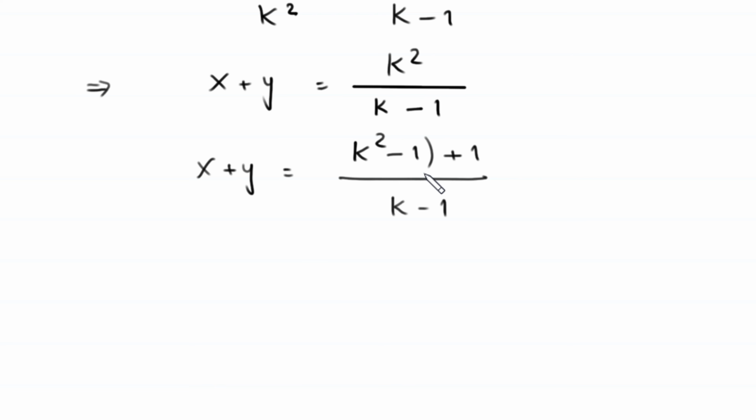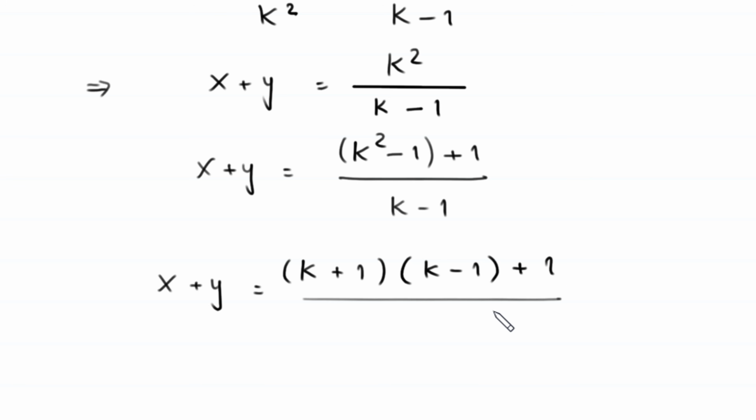We use parentheses to make this a group. Next, x plus y equals k squared minus 1, which can be factorized as (k plus 1) times (k minus 1), plus 1 divided by k minus 1.